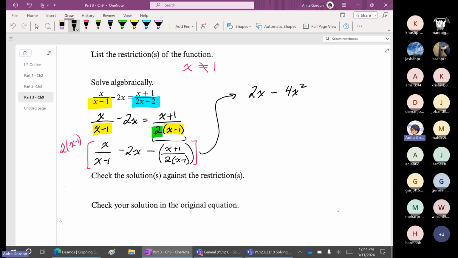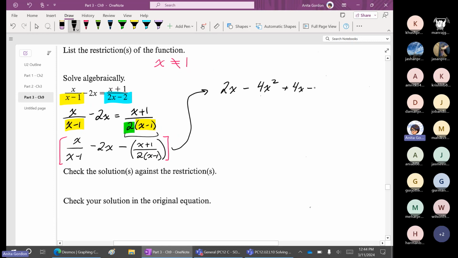This is after you've distributed. So go through, cancel out the denominators, then go through and distribute. Look for like terms that we can put together. I'm a visual learner, so I like to use colors to identify my different parts. I then rewrite the equation from highest degree to lowest.